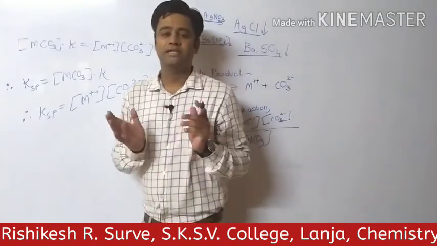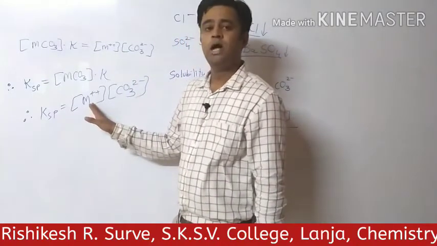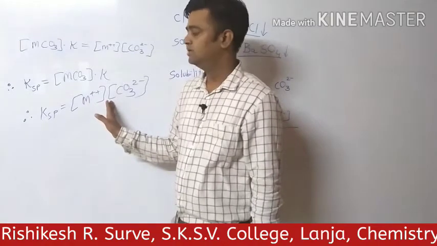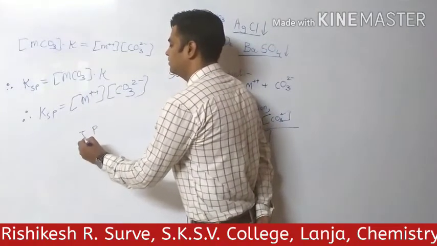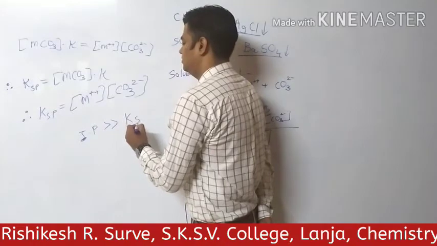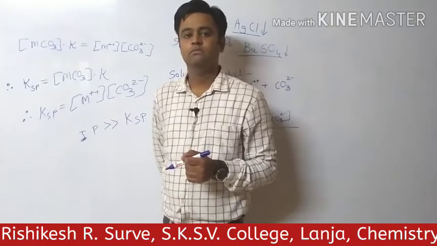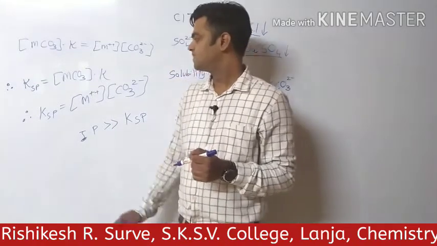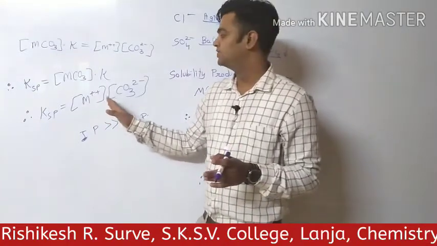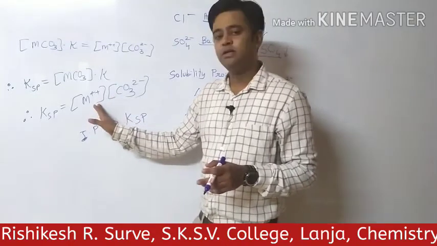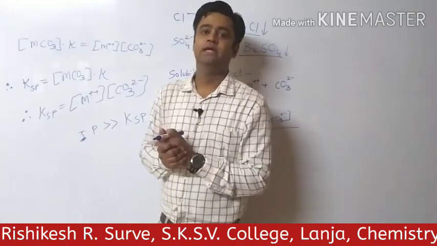Then we will get a precipitate only when the ionic product exceeds the solubility product. That means the multiplication of these two concentration terms should be greater than the KSP term. Then and only then will you get a precipitate.